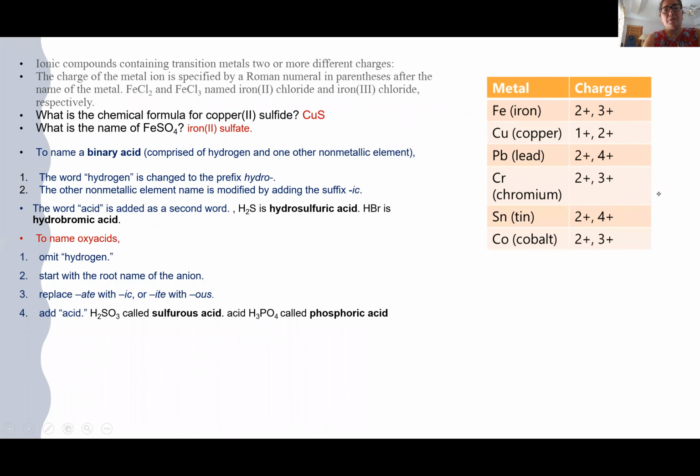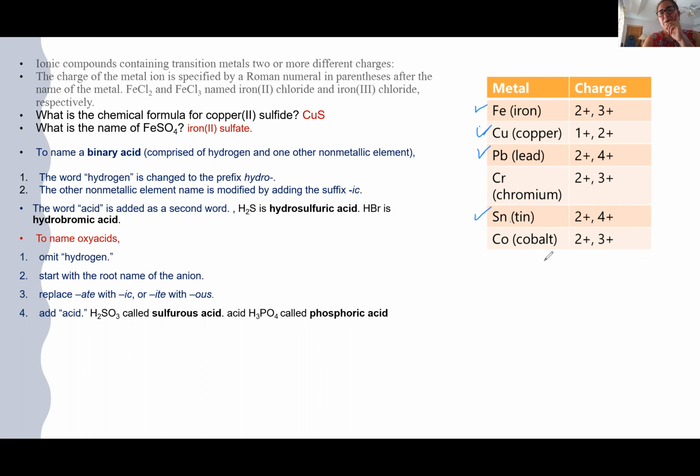If you have ionic compounds containing elements from transition metals, often transition metals have multiple charges. For the multiple charges, memorize iron with 2 and 3, copper 1 and 2, lead 2 and 4, and then tin 2 and 4.